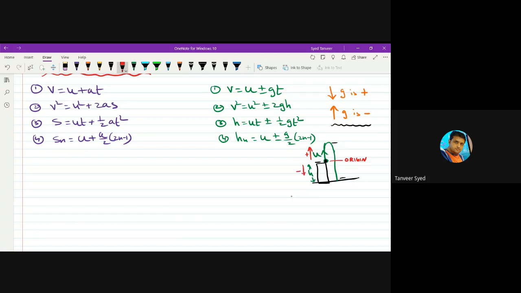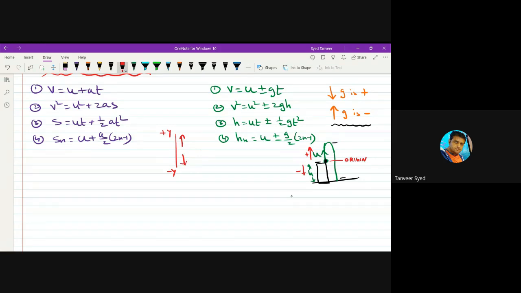This is nothing new. You have already been doing this in a number of situations. This is just our regular coordinate system: positive x-axis, negative x-axis, positive y-axis, negative y-axis. As the motion is only along the vertical direction, forget about the x-axis. Any value which is upward is positive, any value which is downward is negative.